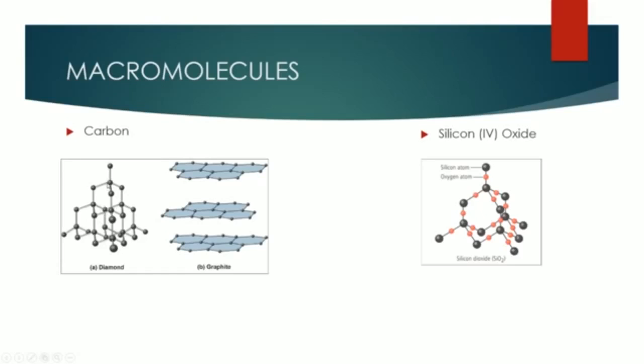Because they're all joined by covalent bonds, when you try to melt a diamond, you're not trying to break apart the intermolecular bonds this time, because they don't have any. You're trying to break apart the covalent or the intramolecular bonds, and that's why they are extremely hard. They have really, really high melting points. It's really hard to melt these things.